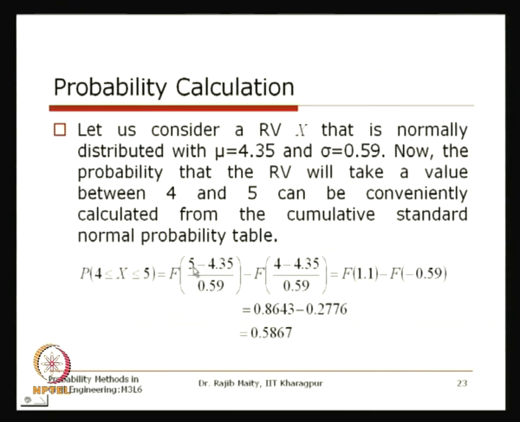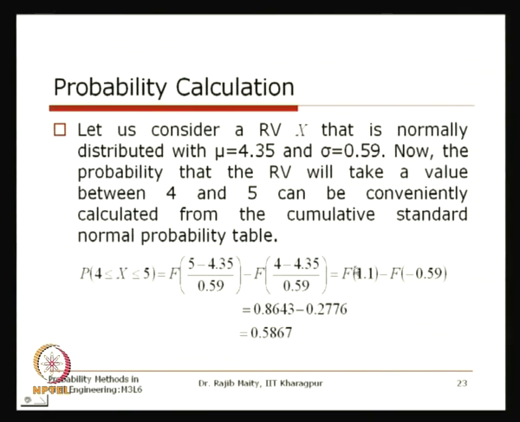That particular value minus its mean, divided by sigma. So we reduce the upper limit and the lower limit. For the upper limit, 5 minus 4.35 divided by 0.59 gives 1.1, and the lower limit, 4 minus mean divided by sigma, gives minus 0.59.